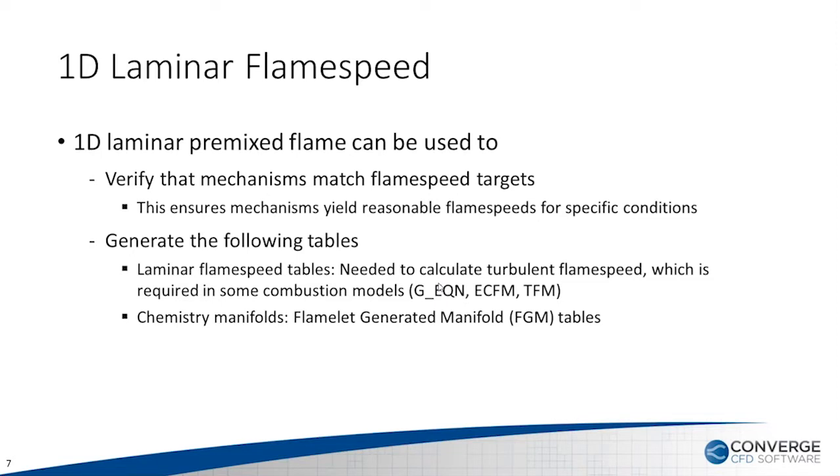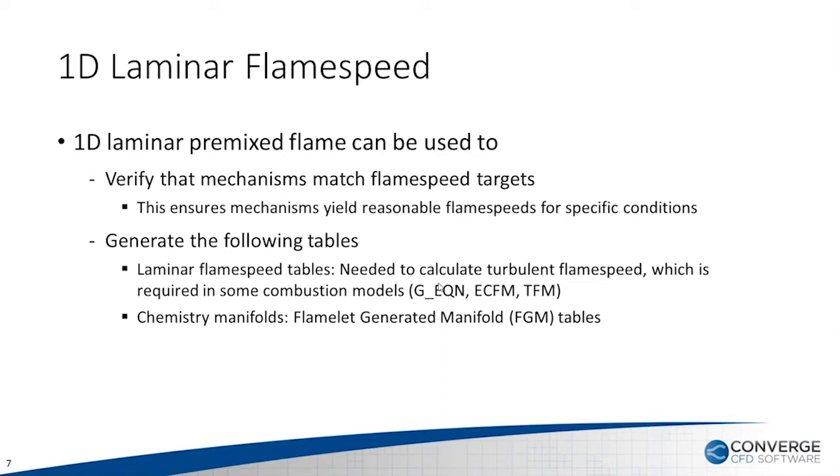And the second scenario is if you're running G equation, ECFM, or let's say, thickened flame model, you may not have the detailed chemistry, and how do you get the laminar flame speed? One way is to generate the table based on the 1D laminar flame speed.